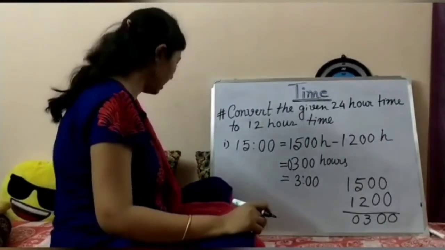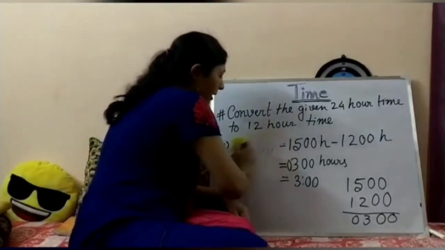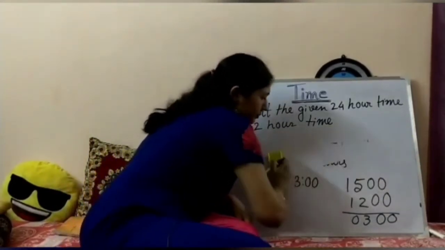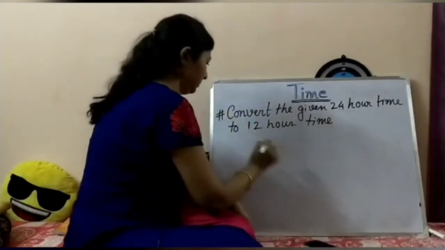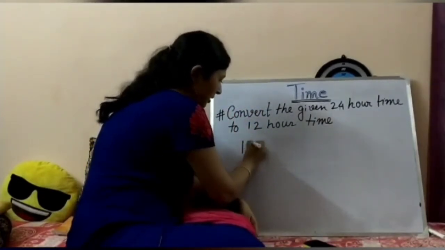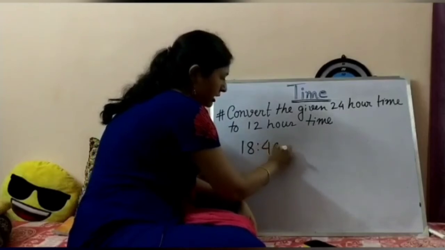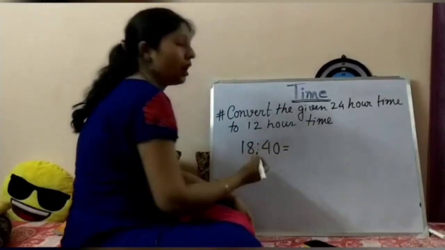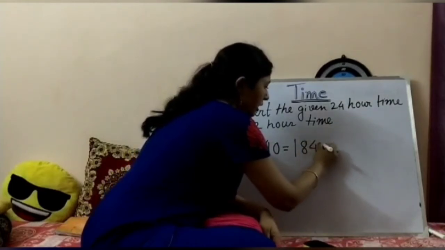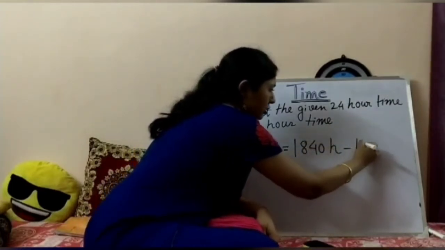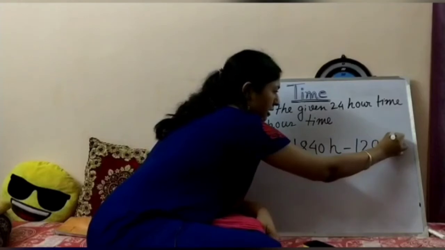Same way, if I write down here 1840 hours, how will write down 1840 hour minus 1200 hour.